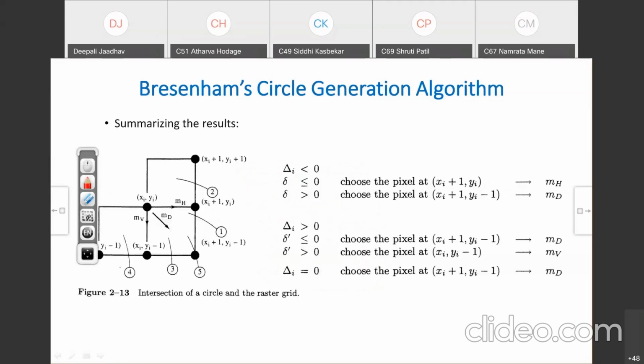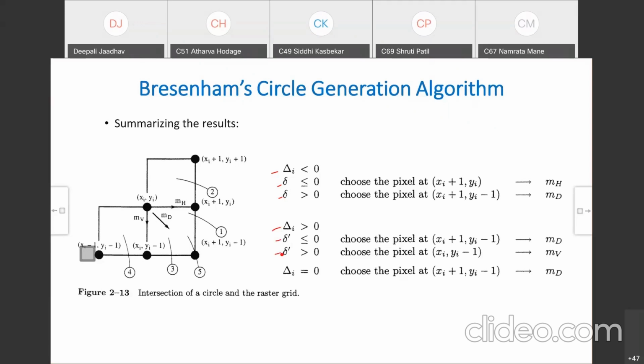Okay. So to write it in short: first condition, if delta I is less than 0, then choose either MH or MD. For that we calculate smaller case delta. If it is less than or equal to 0, then choose MH, meaning MH is closer. If it is greater than 0, then MD is chosen. If delta I is greater than 0, then we evaluate delta dash.